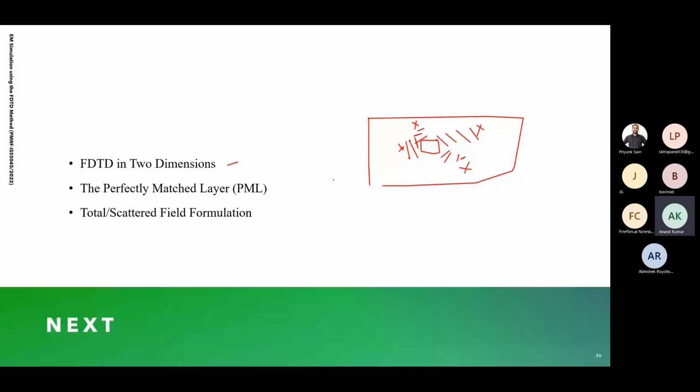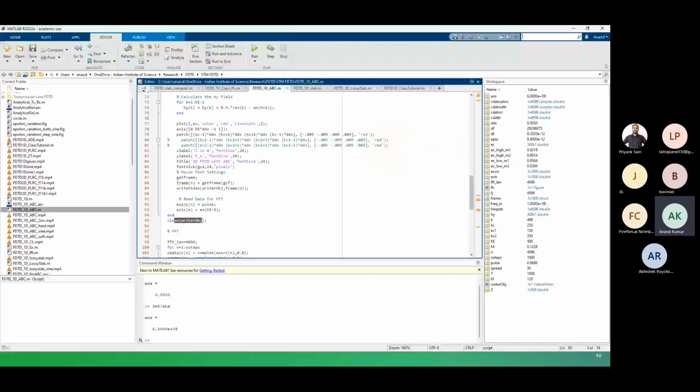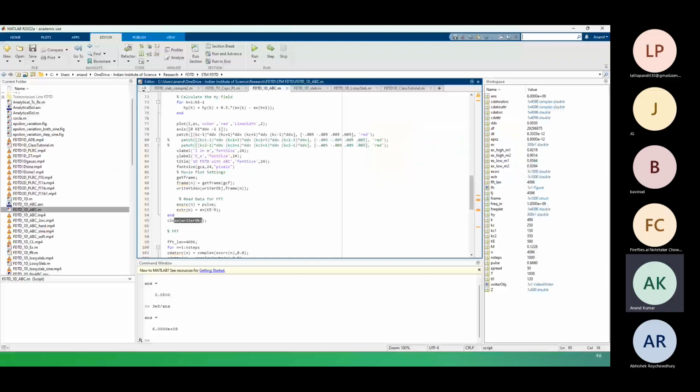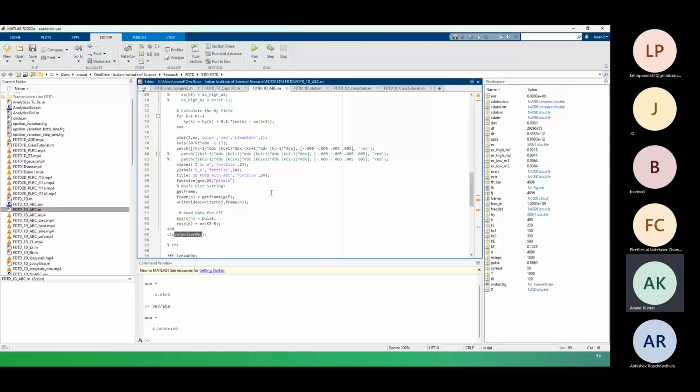Okay, so we'll go to Jay's question, and I'll open MATLAB, and Jay, you can tell me where you modified the code. Let me open the code which I shared. Can you tell me the line number where you made the modification?